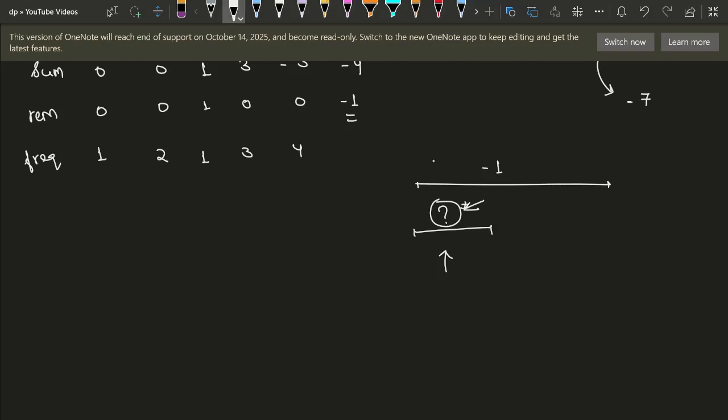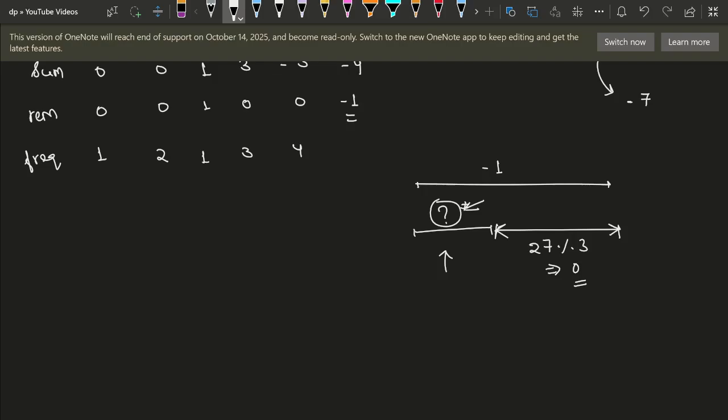If I have to make this whole subarray, no, we are not interested in making the whole subarray divisible, we should only take a look at this. So let's take a normal number which is divisible by 3. Let's say 27. So 27 is divisible by 3, and it gives us a remainder of 0.